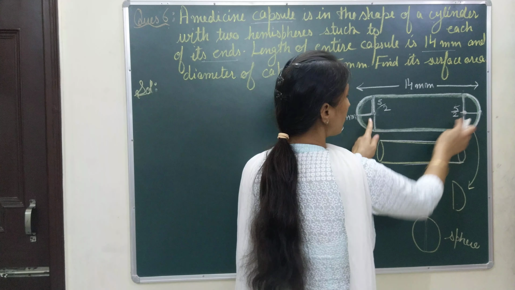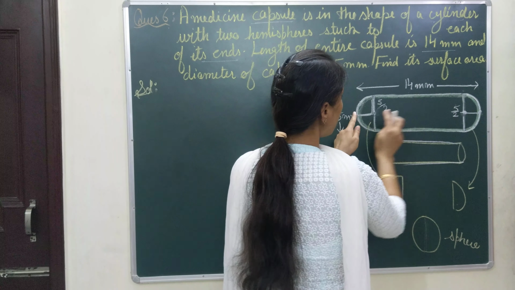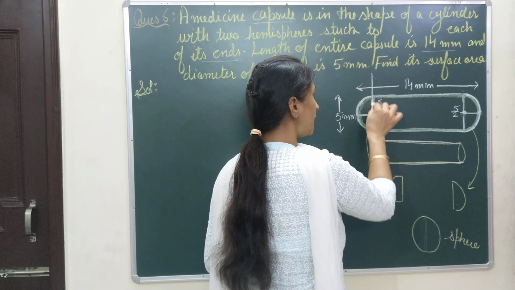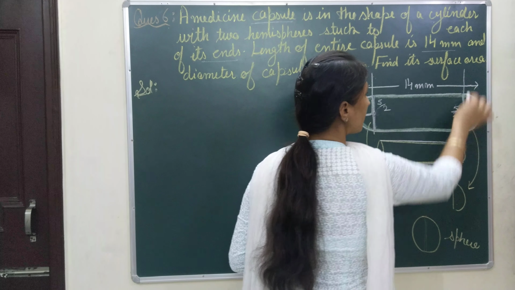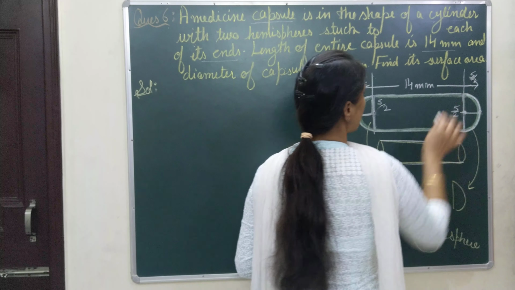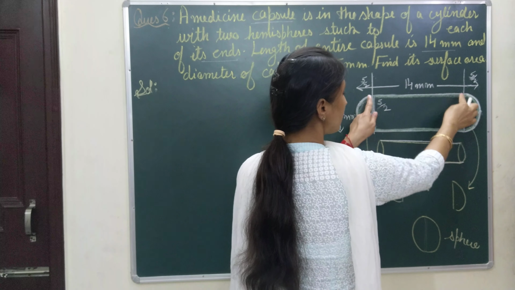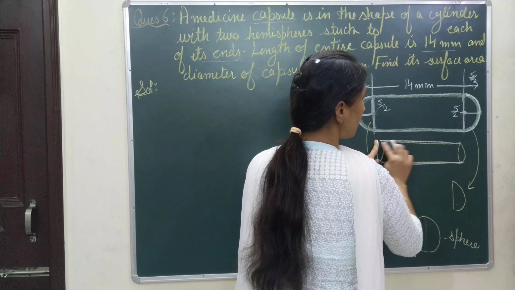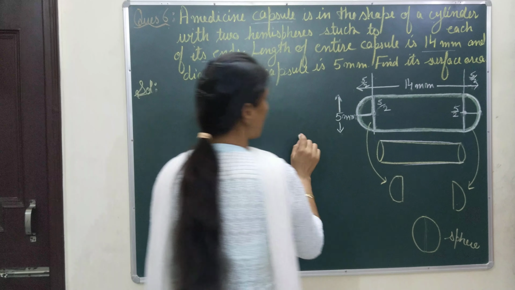If I talk about the length of the full capsule, this is 14. Now I am taking this out. Out of 14, I am cutting 5 by 2 from this side, and here also I am cutting 5 by 2 from this side. When I take 5 by 2 and 5 by 2 out from this capsule, a cylinder is left, and that will have the height 14 minus 5 by 2 and 5 by 2.